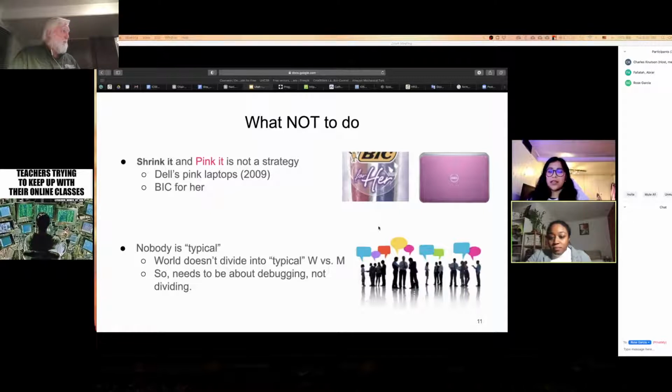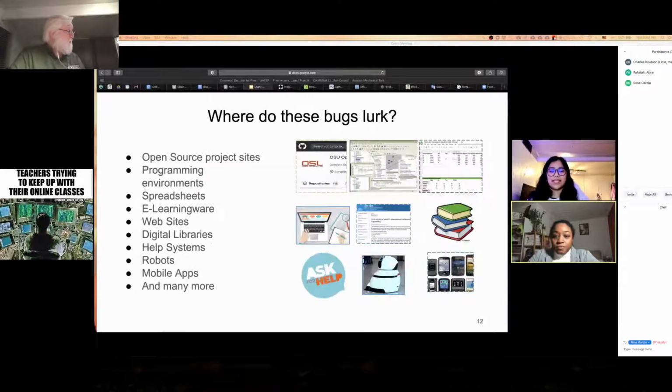We don't want to divide people into typical women or typical men. So it's not about dividing, it's about debugging and designing for a large variety instead of just women or just men. So next slide, please.